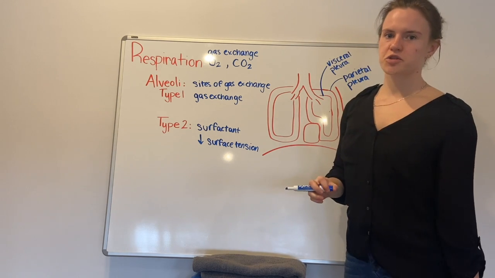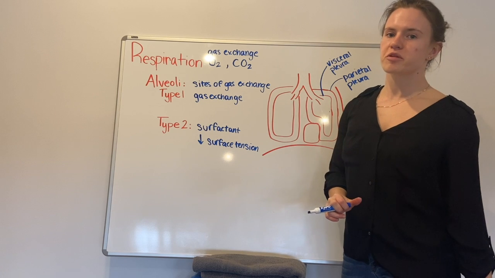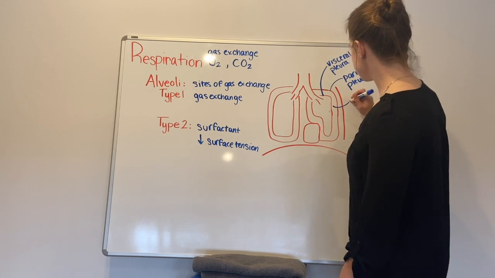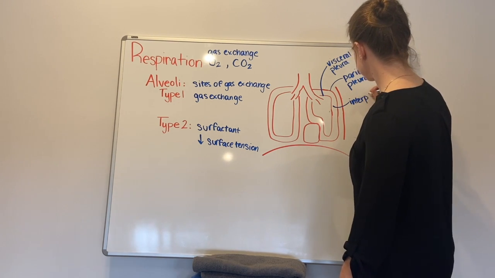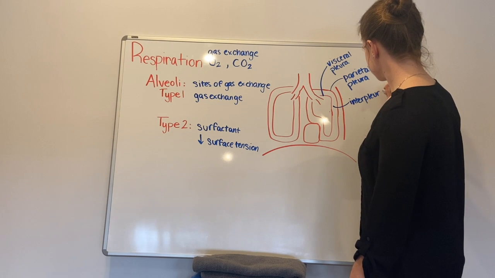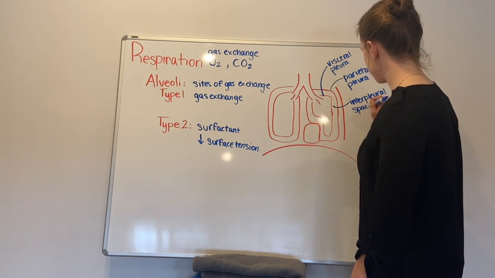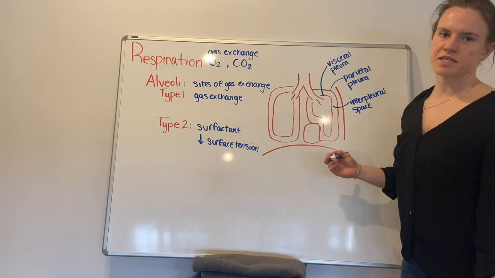And in between the two pleura, visceral and parietal, we have what's known as the interpleural or intrapleural space, both mean the same thing. So this here is the interpleural space. And then of course inside all of these we have the lung.